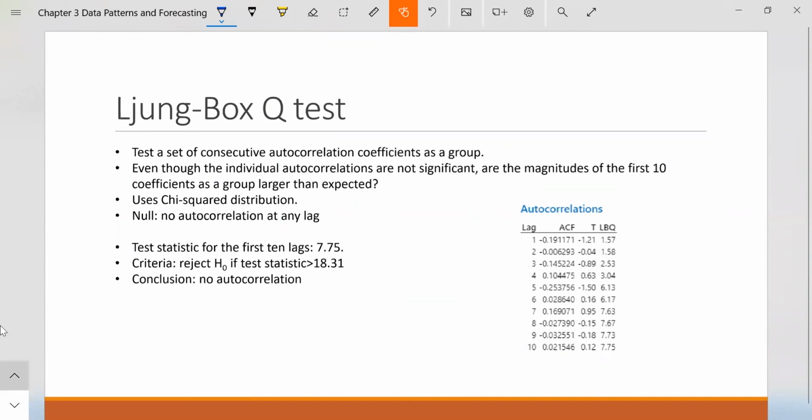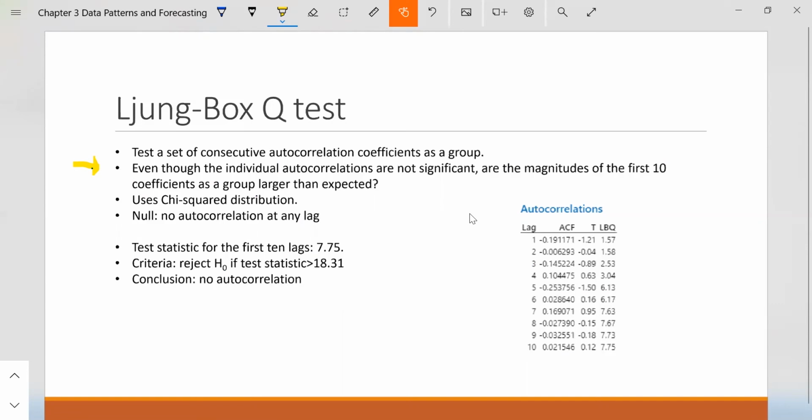The idea of this Q-test is to ask: although each individual autocorrelation is not significant, what if we combine them and look at them comprehensively? Let's say we want to look at the first 10 lags, and test whether the first 10 autocorrelations are significant or not.